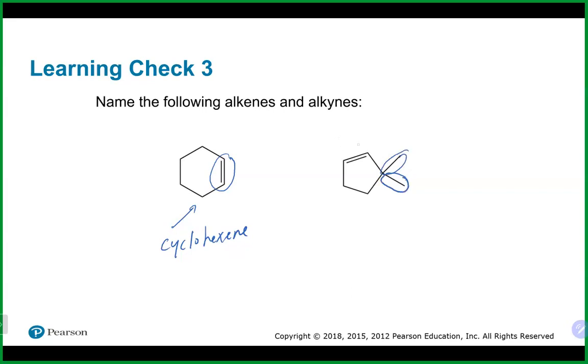So our option to number is you could go counterclockwise, 1, 2, 3, 4, and 5. The other option is to start here at carbon number 1 and go clockwise, 2, 3, 4, and 5. Obviously, going clockwise here is going to give our group the smaller number of 3.